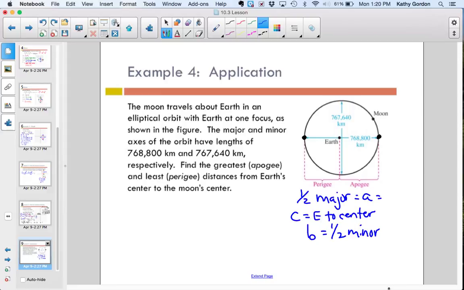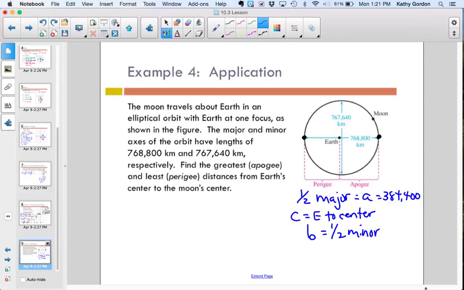You guys have the calculators, push the buttons. 384,000. Hey, I still got it right. 384,400.